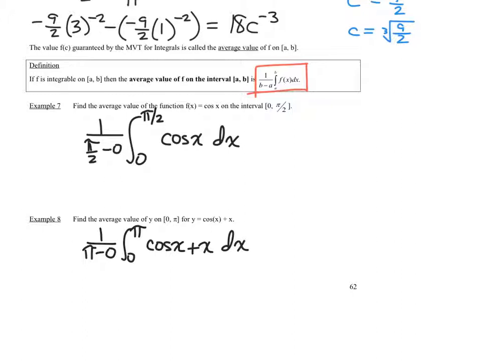So the first one, we take a shot, see if it gives us a clean answer. If it does, then we go with it. So this is just 2 over pi. And the last one, the integral from 0 to pi of cosine x plus x.